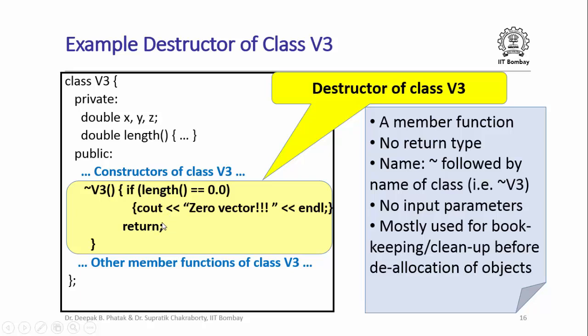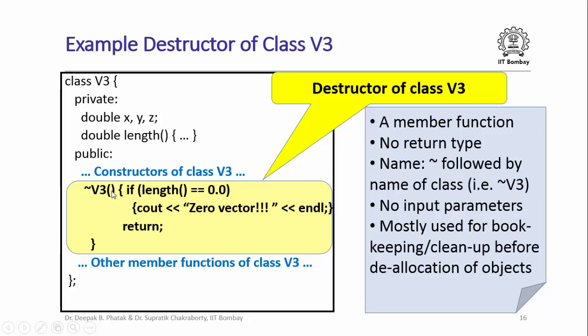Now note some characteristics of this destructor function. Just like a constructor function, this is also a member function of the class v3. Just like a constructor, it does not have any return type, and the name of the destructor function is obtained by prefixing a tilde to the name of the class.